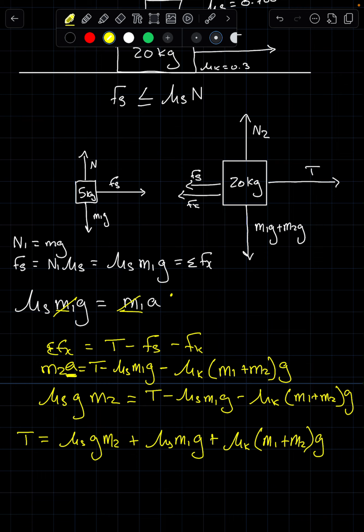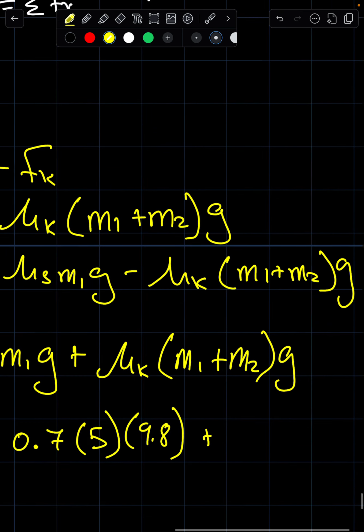Now, mu s is 0.7, so 0.7 times 9.81 times 20 plus, hmm, 0.7 times 9.8 times 5 plus, now let's distribute these.